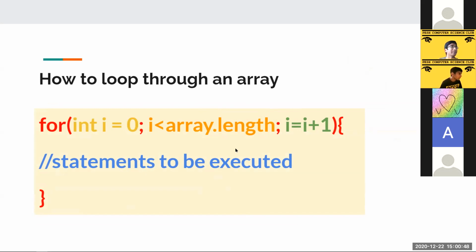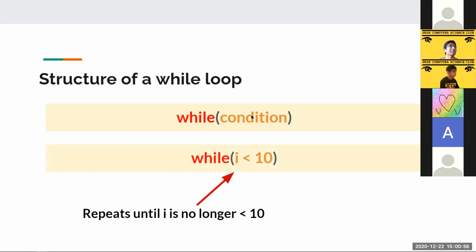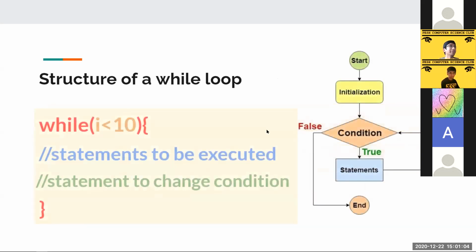The for loop also provides you a place to initialize a variable and increment the variable. Instead, in a while loop, you have to do the initialization and the incrementing on your own. This can be useful in the future, but for now, you should be fine with the for loop.